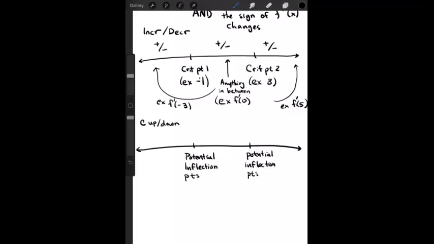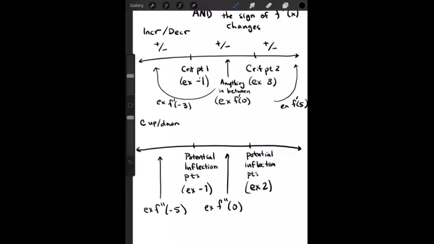So if this was -1 and this was 2, we could plug in 0. Right here we could plug in -5.